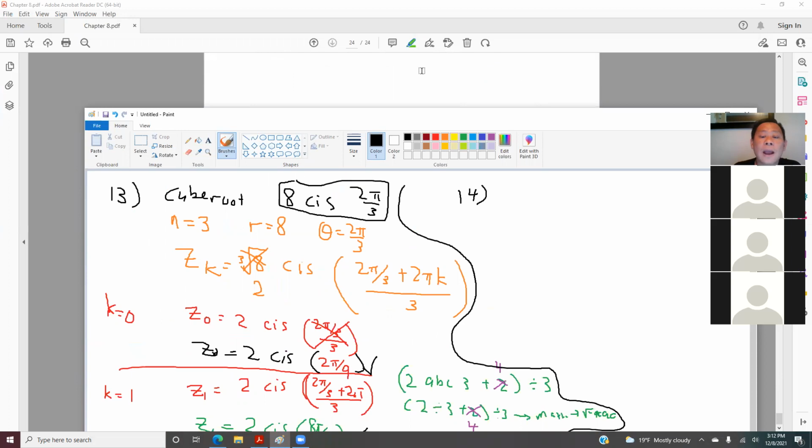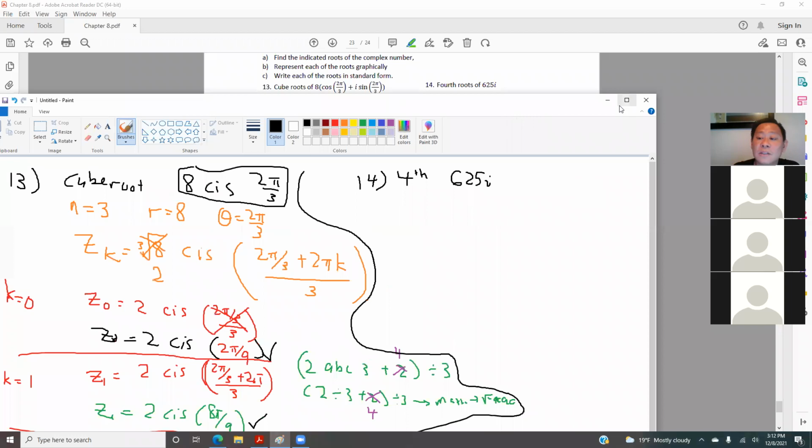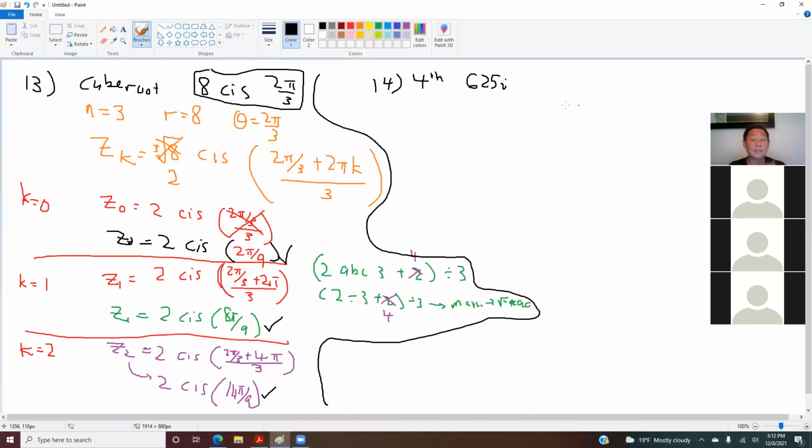Okay. So what happens if a question did not provide you in the CIS form? For example, question 14, 4th root of 625i. Question number 14 is asking us to find what is the 4th root of 625i. So this is not in the CIS form.